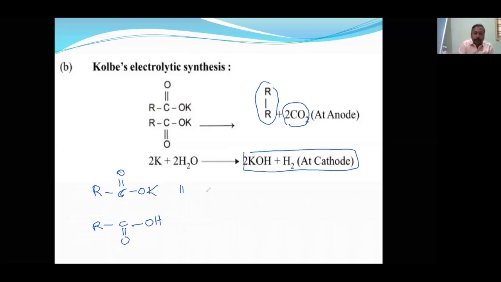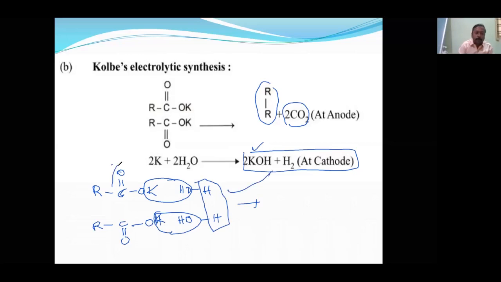OH and H. You will write like this. So 2 moles of carboxylic acid. See, one will be the KOH, sorry, another will be KOH. 2 moles of KOH. 1 mole of hydrogen. 2 moles of CO2. How is it?